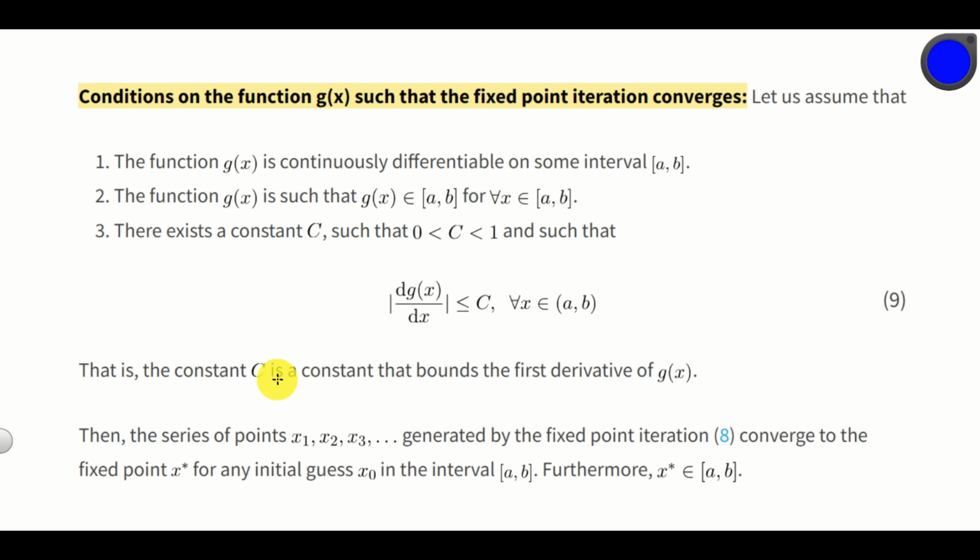That is, the constant c is a constant that bounds the first derivative of g of x. Then the series of points generated by the fixed point iteration will converge to the fixed point for any initial guess inside of that interval. Furthermore, we know that the fixed point iteration will be inside of that interval.